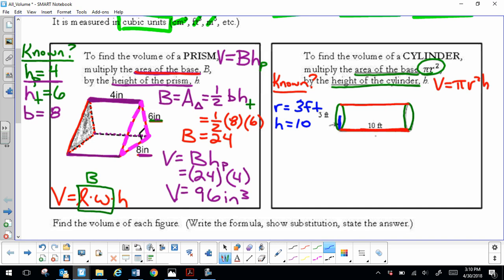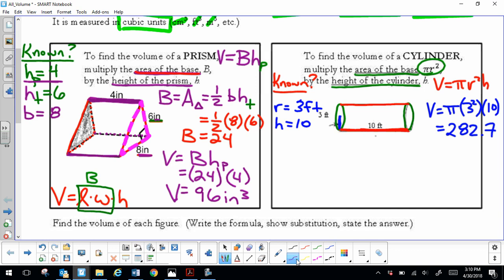So for this problem, it really is a plug and play kind of thing. I'm going to rewrite what I know into the formula. V is equal to pi times r squared times h, which is 10. And when I do my math here, I get 282.7. But remember when we were talking about this the other day that we might have answers in terms of pi. So our goal would be to determine what that looks like.